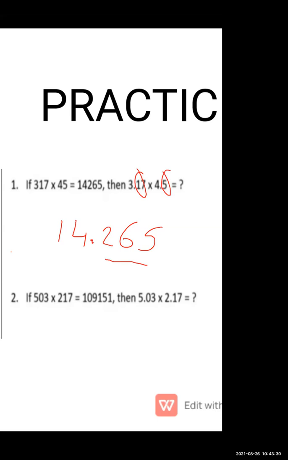When there is a point, you can't read it as fourteen thousand. When there is a point, you have to read it as 14.265. So here we got the answer, that is 14.265. Before I wrote it, the student had given me the answer. Very good.